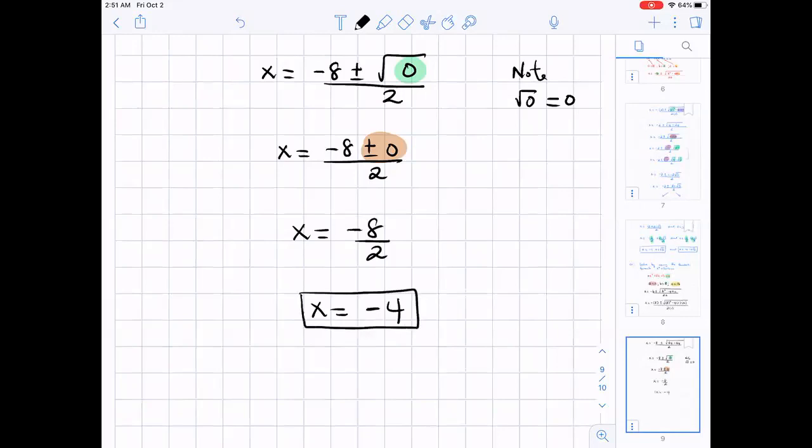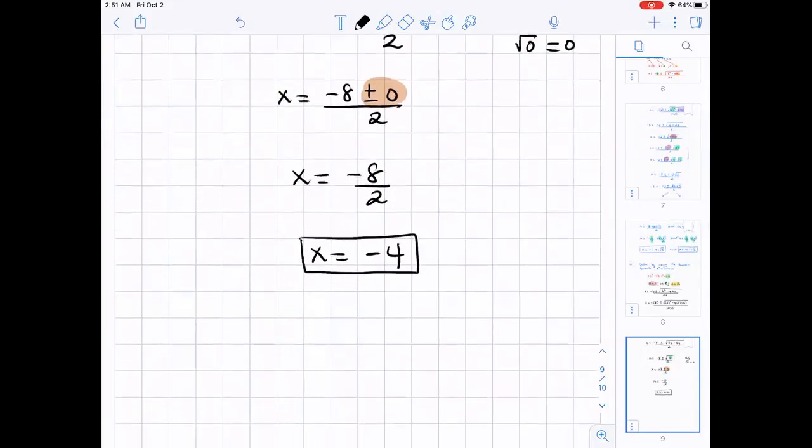Now, this is really called a repeated root, as you will see later on when we touch pre-calculus and look at quadratic equations and graphs. So here we only have one solution.